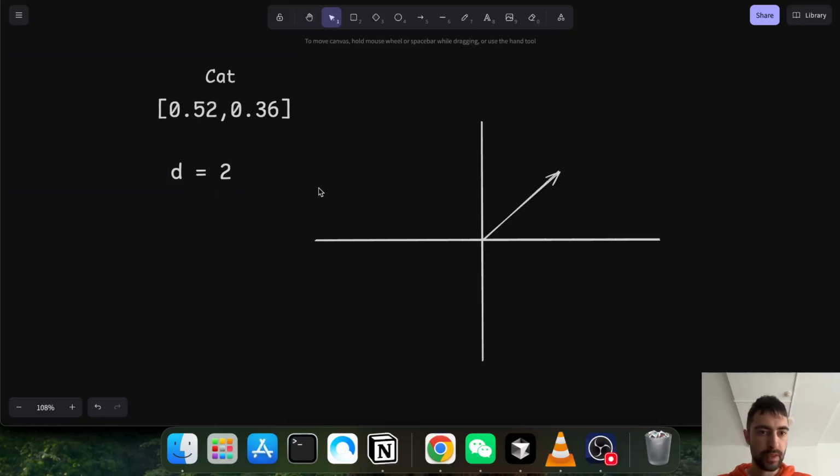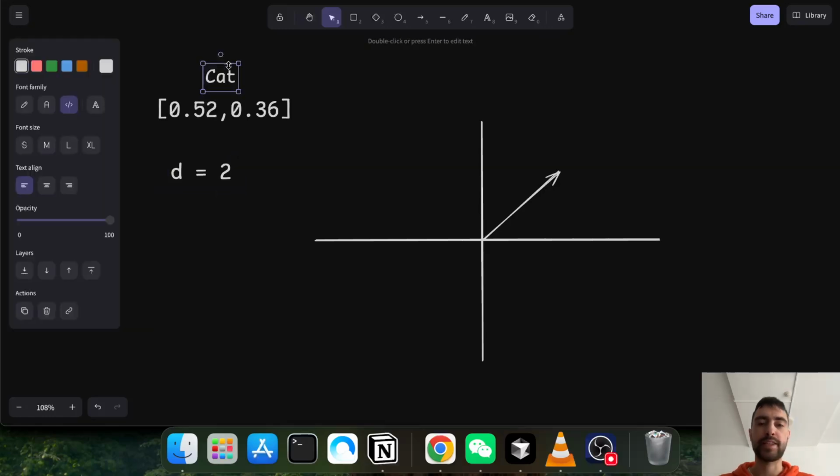Now, if this cat is the first word in the sequence, in the context window, then this parameter m will be 0. If this cat comes at second place in the context window, then 1, then 3, then 4. So we have this number m that denotes which position in the context window this token embedding is.